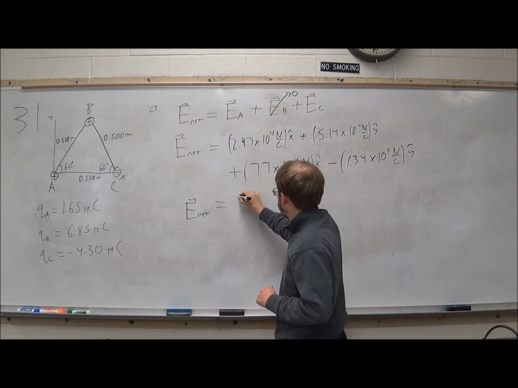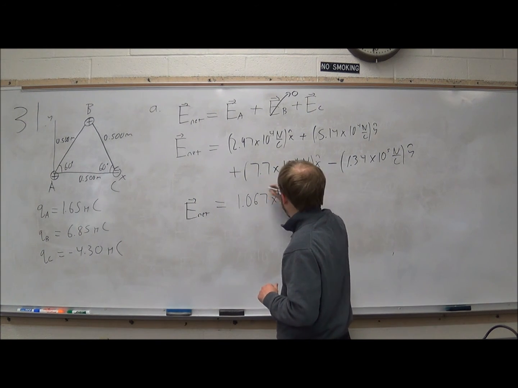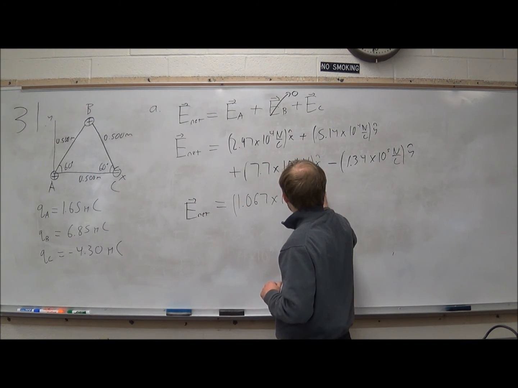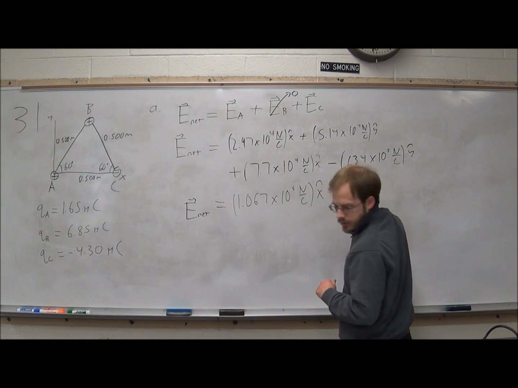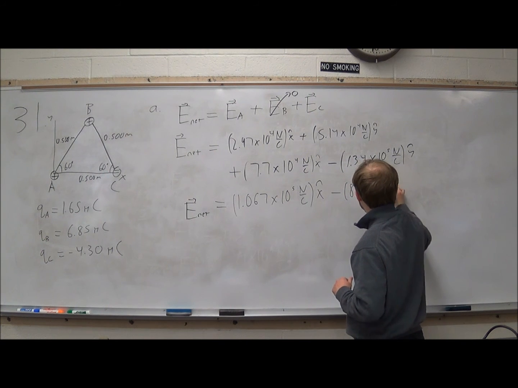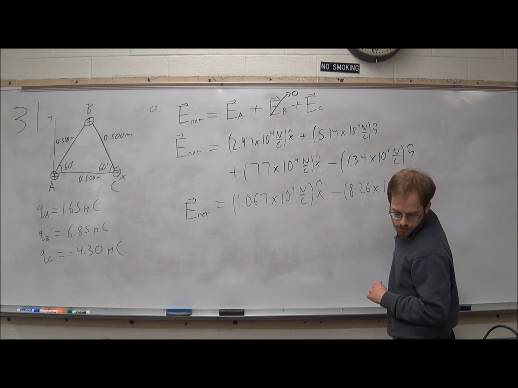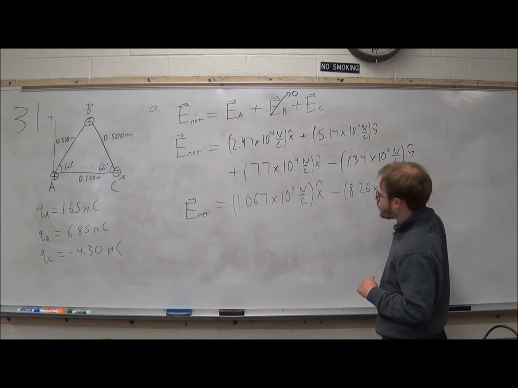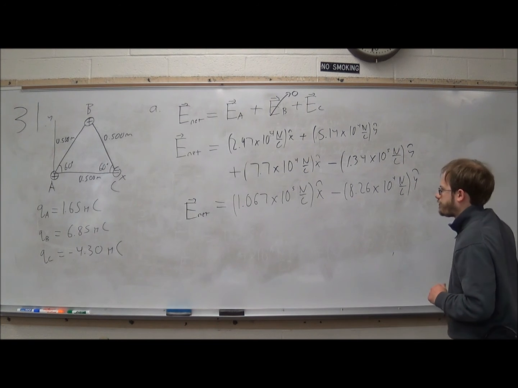You can only add the same unit vectors. So we do this, we get a final x component of 1.067 times 10 to the 5 newtons per coulomb minus 8.26 times 10 to the 4th newtons per coulomb y hat.